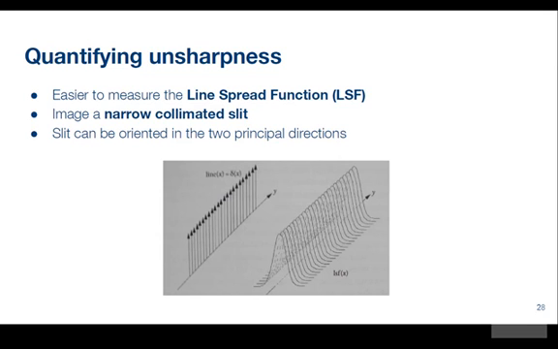So we need to design some sort of collimator system that just allows a very thin slit beam. We can then orient this in two directions, in the two principal directions. That just allows us to analyze the unsharpness of the image in those two principal directions.